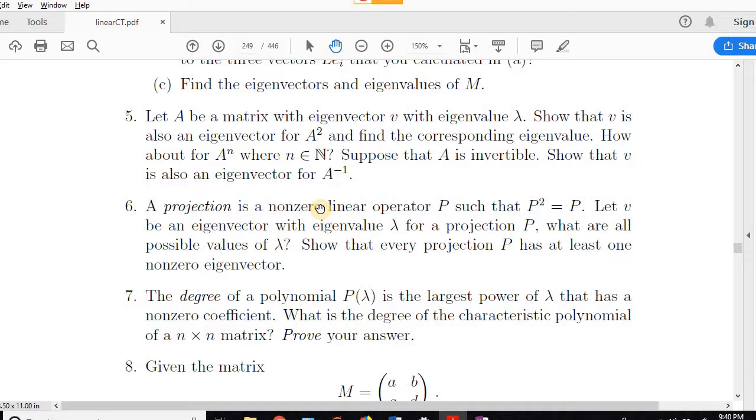So is there something that's not the identity matrix and not the zero matrix that works? And the answer is there is. I think that finding an example is kind of the key to this problem.